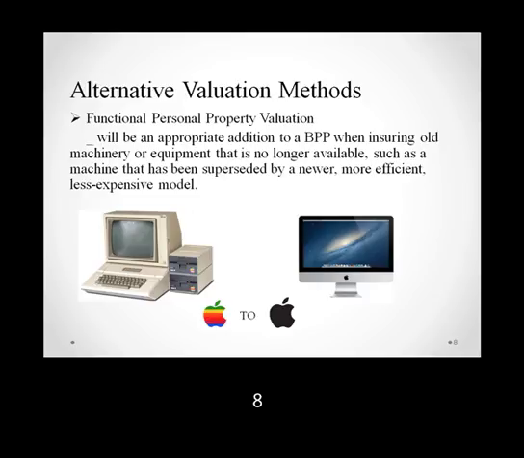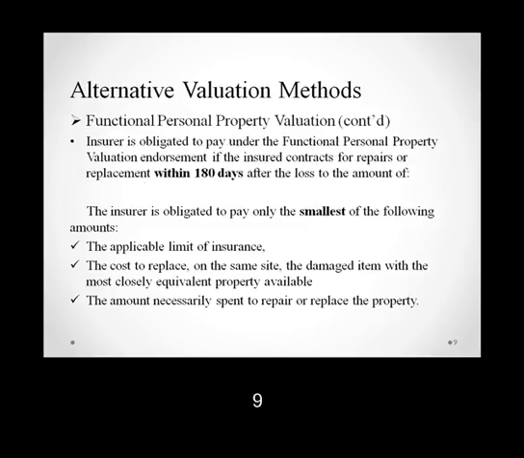Well, the insurance company will choose to compensate it with the smallest of the following amounts. First, there is the limit of insurance. Remember, the limit of insurance will never go beyond the actual cash value of your item. And also, the second is the cost to replace on the same site the damaged item with the most closely equivalent property available.